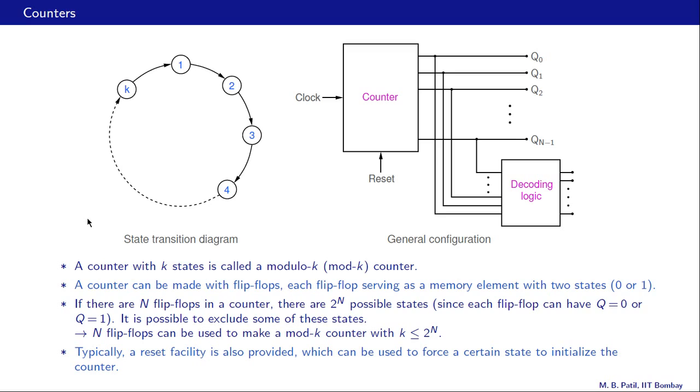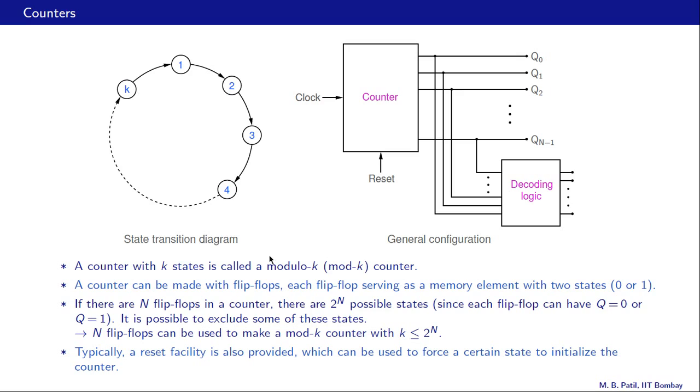And what is inside a counter? Let us see. A counter can be made with flip-flops, each flip-flop serving as one memory element with two states, 0 or 1. The output of the flip-flop Q can be 0 or 1. And if there are n flip-flops in the counter, we have 2 raised to n possible states, because each flip-flop can have Q equal to 0 or Q equal to 1.